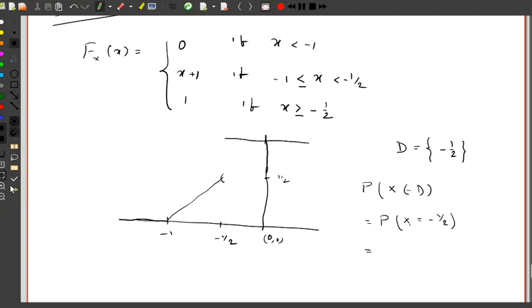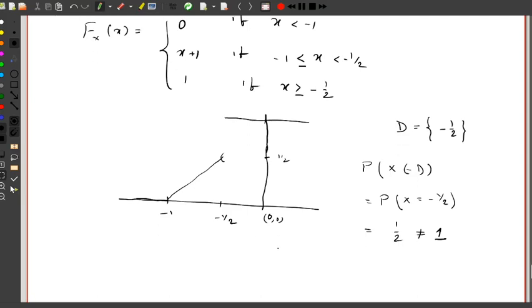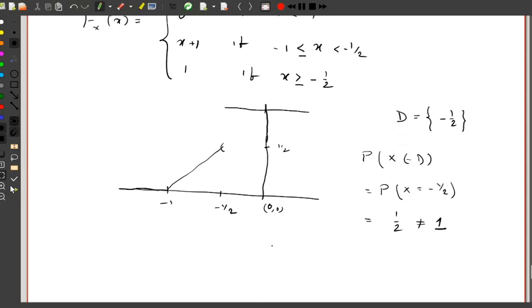This probability is the length of this jump here, which is half. Clearly this quantity is not equal to 1, which shows that the random variable X is not discrete.